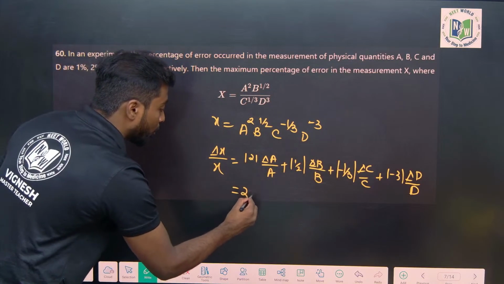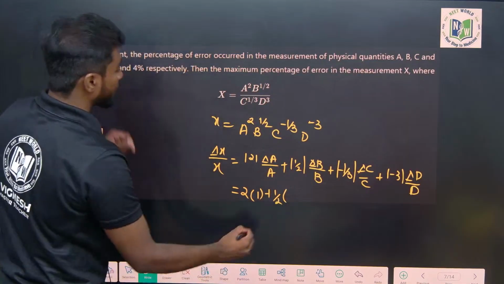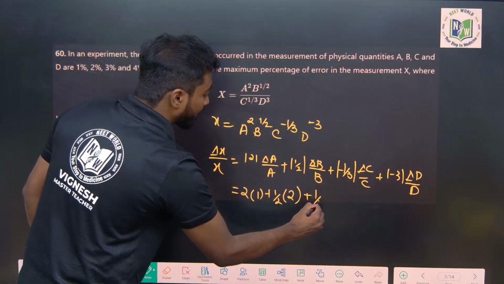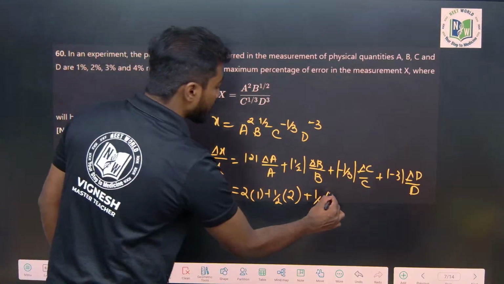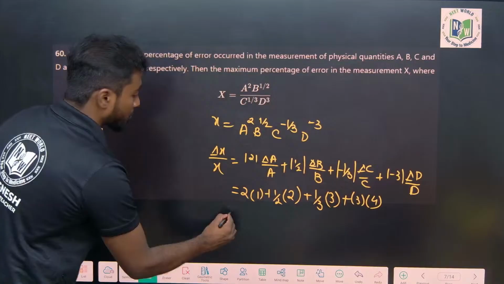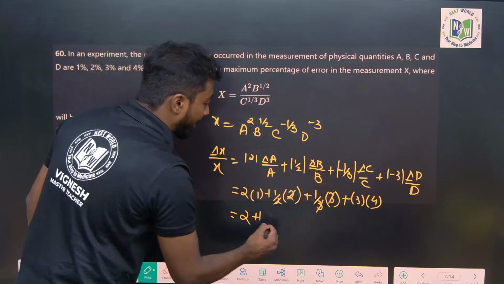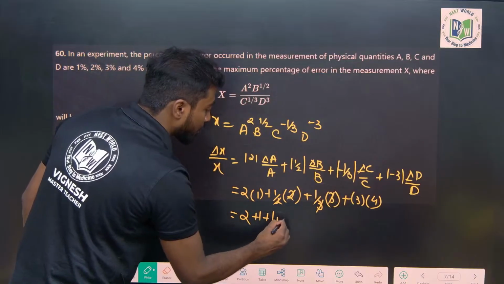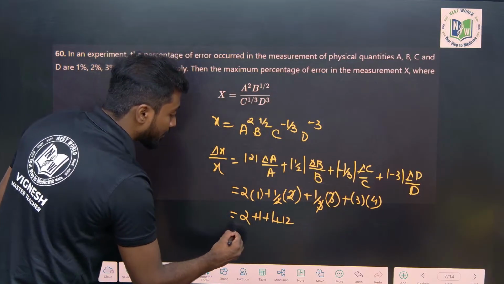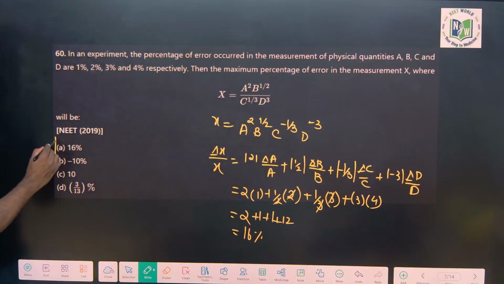So 2 into 1 plus 1 by 2 into 2 plus 1 by 3 into 3 plus 3 into 4. So 2, 2 get cancelled, plus 1, 3 3 get cancelled, plus 1, 3 4s are 12, 12, 13, 14, 16 percentage. So first option.